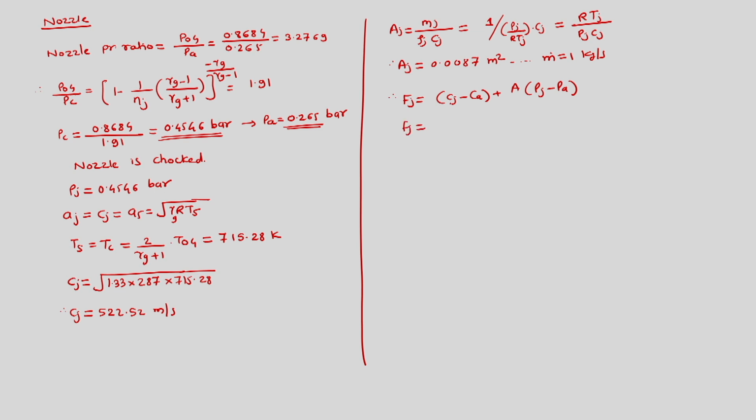So we have found out Cj, and we know Ca, which is the aircraft speed, so Cj minus Ca turns out to be 342.18, plus area, which is found out 0.0087, Pj is 0.4546 bar, Pa is 0.265 bar. So from there it is 160.95, and this turns out to be force as 503.43.